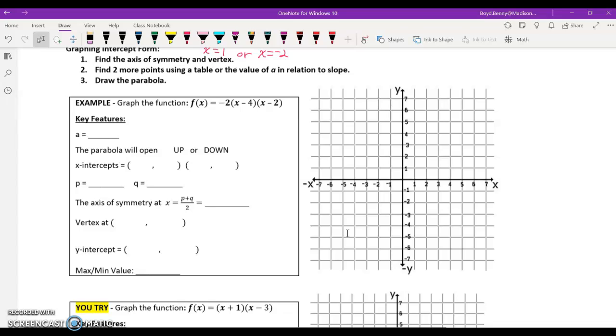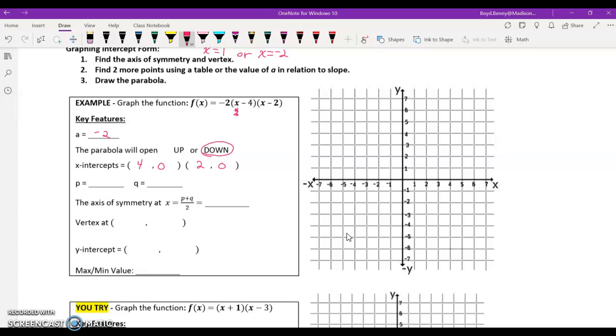Okay, let's take a look at one where we go all the way to the graphing. All right, so in this case, a equals negative 2. Therefore, I know that this parabola will open down because a is a negative number. My two intercepts are going to be 4, 0, and 2, 0, because if I put a 4 in there, that would make this factor equal 0, and of course if I multiply by 0, I get a result of 0.